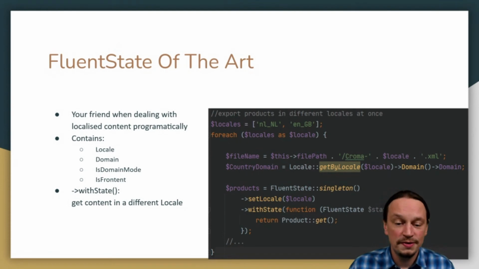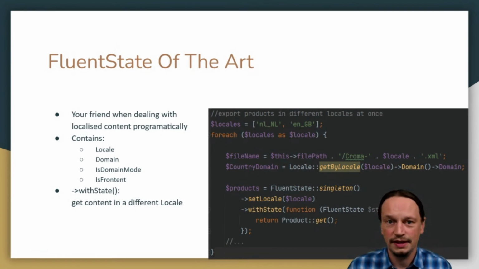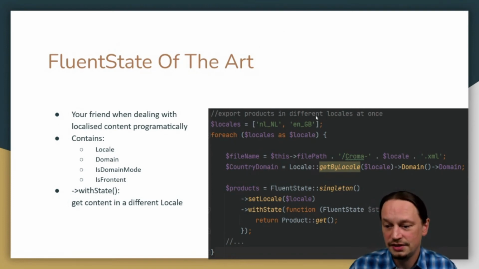And the method withState changes the current locale for this request. And then you can, like here in this example, we want to export products in different locales at once. And in the backend, we are on our default locale, but we need other locales to export.